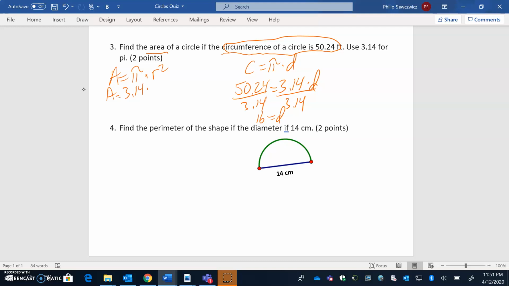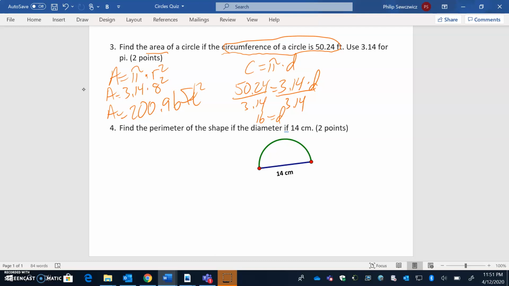If my diameter is 16, then 8 is the radius. So it's your 8 squared. Again, you can type it all in exactly how you see it, and you should get 200 and 96 hundredths square feet. Really like this question because it is multi-stepped. Something that you want to feel comfortable with.